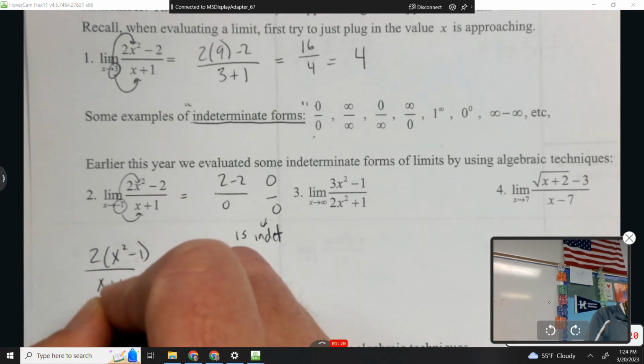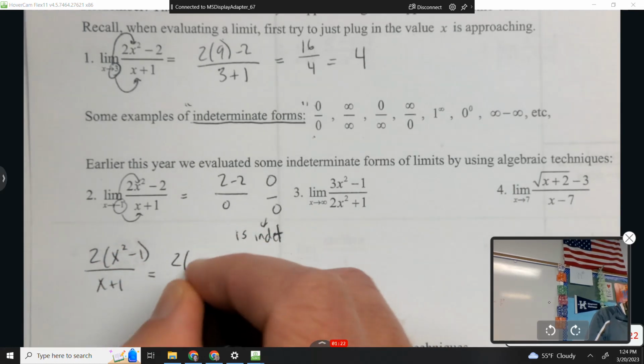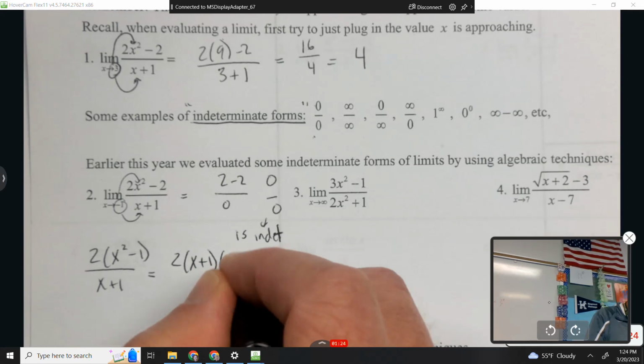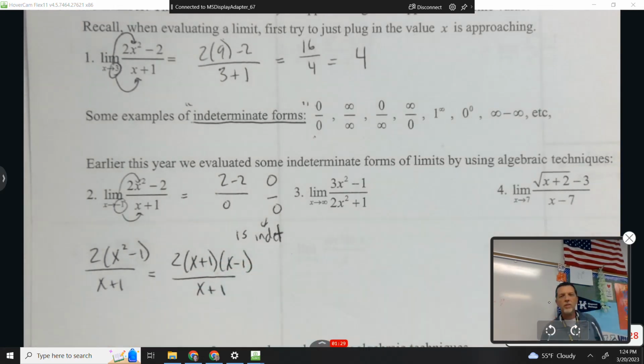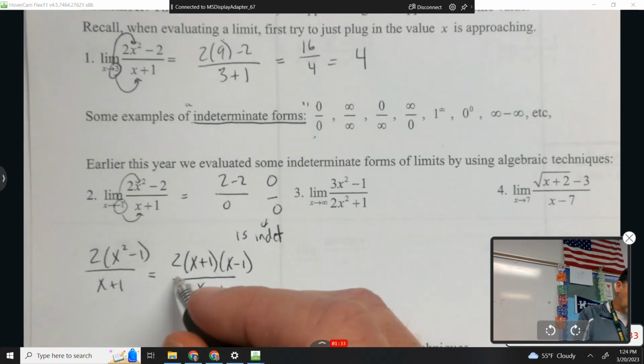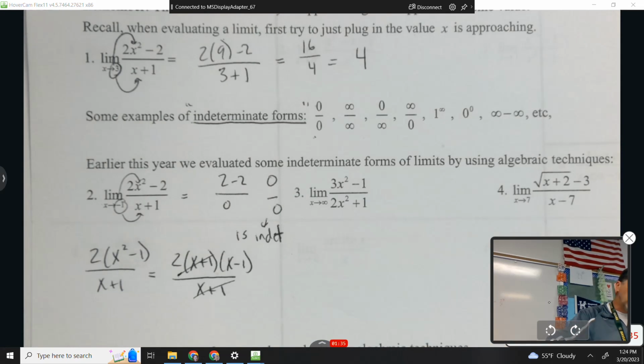This one's not bad, because the top will factor into x plus 1, x minus 1. And then the x plus 1's cancel. And then we try again, basically.